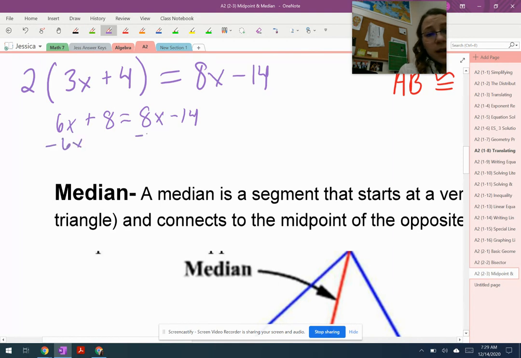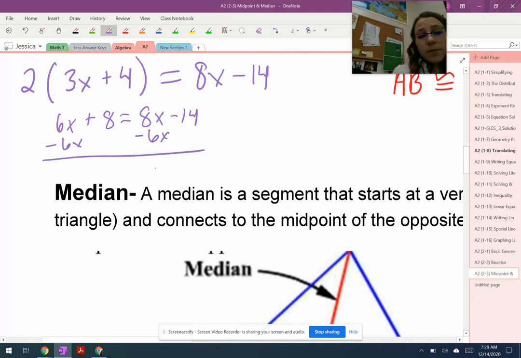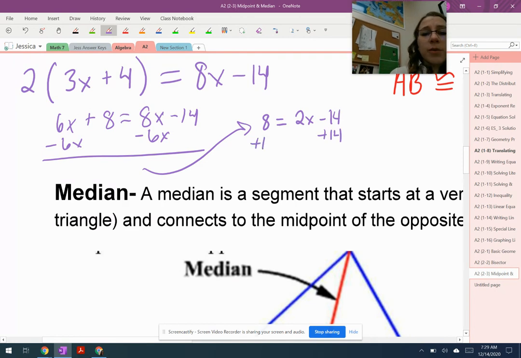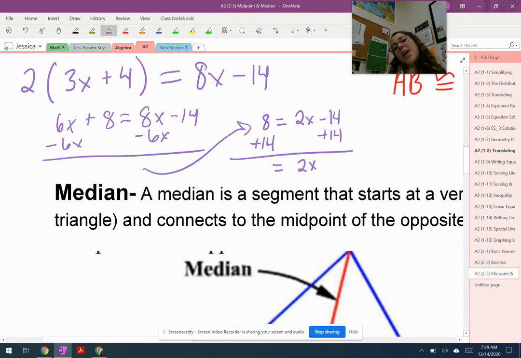Minus 6x, 8 is equal to 2x minus 14. Plus 14 to both sides. 2x is equal to 8 plus 14, which is 22. Last step, divide by 2, x is equal to 11.